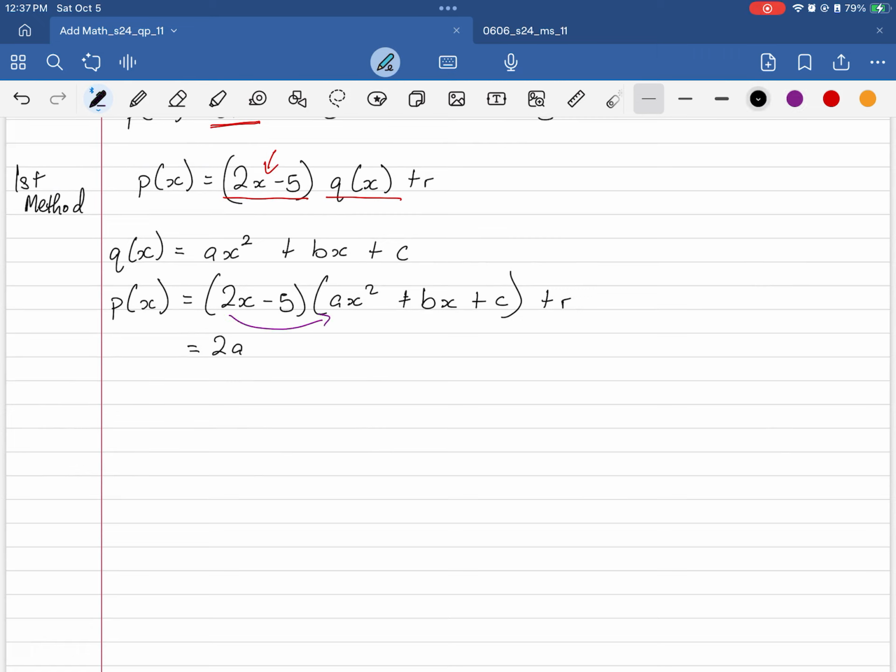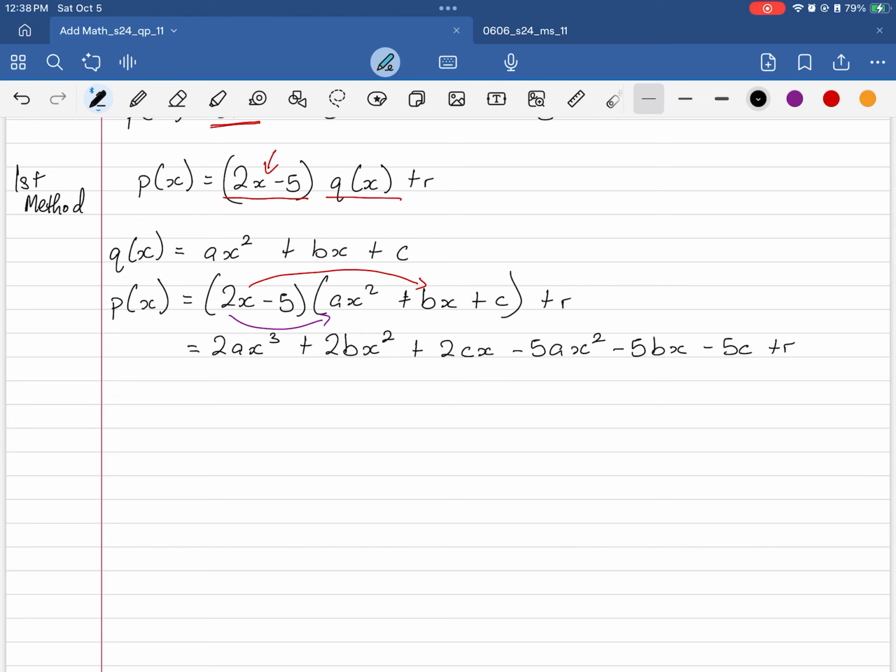Now you can also pause the video and try your hand at multiplying it out. 2ax cubed plus 2bx squared, that is this times this, plus 2cx minus 5ax squared minus 5bx minus 5c plus r.